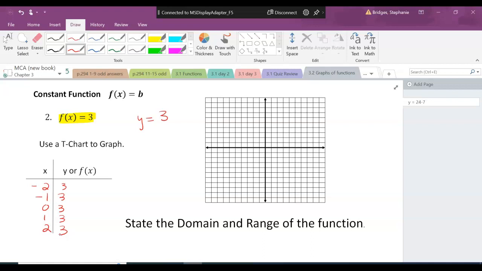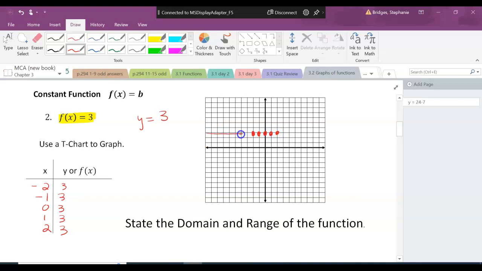And so then I want you to plot those points. It is still going to be a line. This is a linear function because it's x to the first. However, this is going to be a different type of line, a specific type, I guess is what I want to say. -2, 3, -1, 3, 0, 3, 1, 3, and 2, 3.